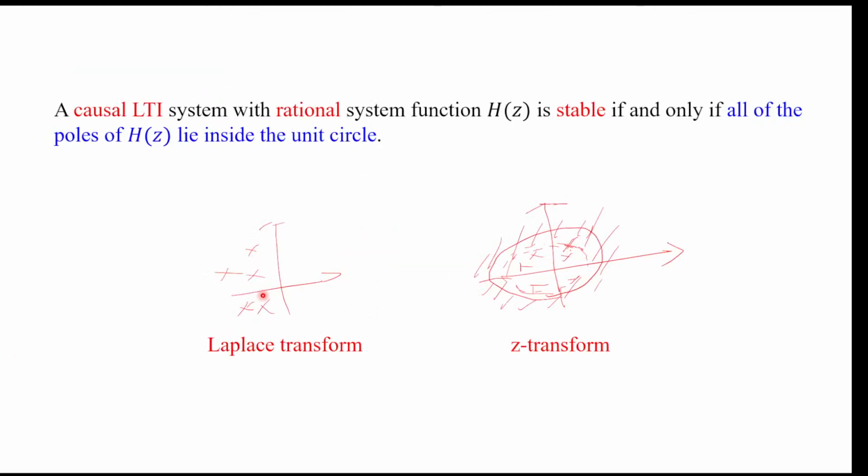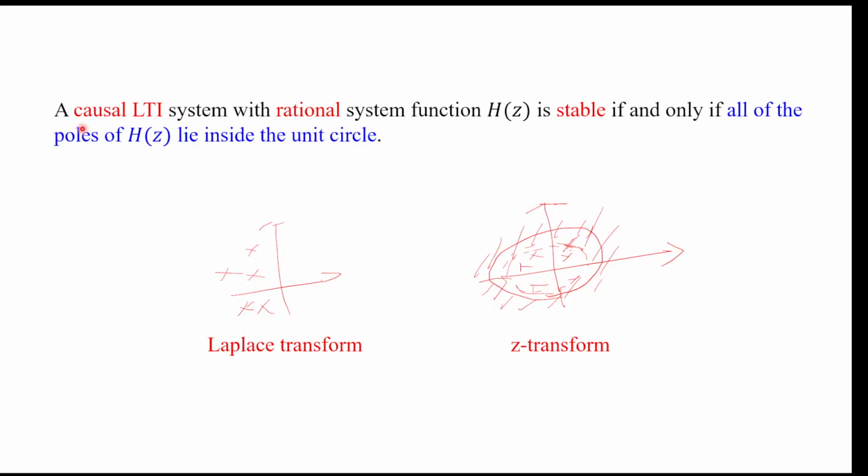Okay. And similar to the Laplace transform, we can combine all the things we know together. If we want to satisfy all three conditions, that is, a causal, linear, rational system that's also stable, then all the poles of H of z need to lie inside the unit circle.